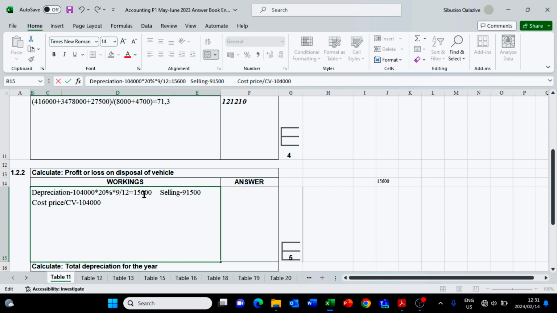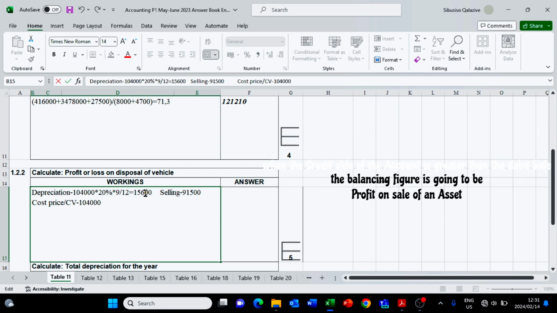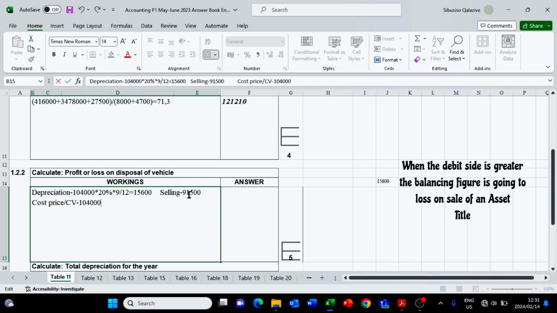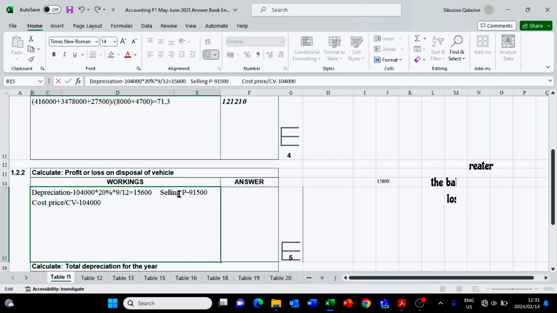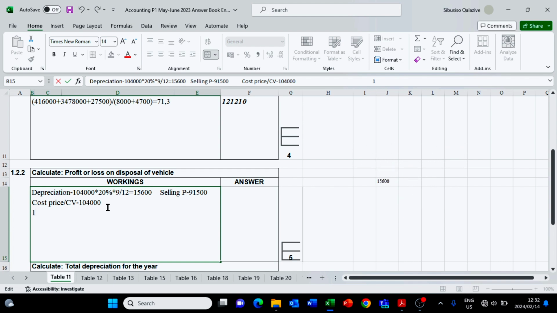Because we can see these are lesser amounts, we're going to say the cost price, 104,000, which is the carrying value, minus the depreciation of the vehicle, which is the 15,600, minus again the 91,500, which is the selling price of the vehicle.